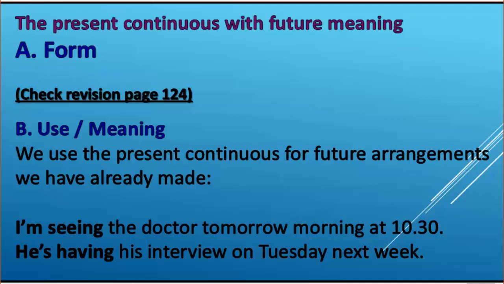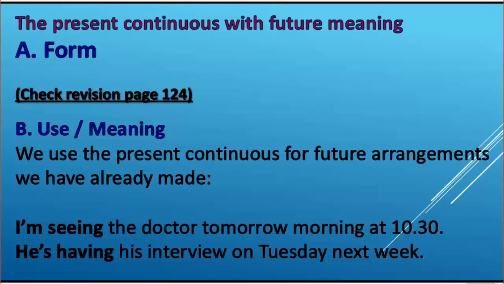For example, you can say, I am seeing the doctor tomorrow morning at 10:30. What does it mean? It's in the future, it's tomorrow. But it means that you have called the doctor and you have put a time for a meeting. You took an appointment with the doctor. It's at 10:30.